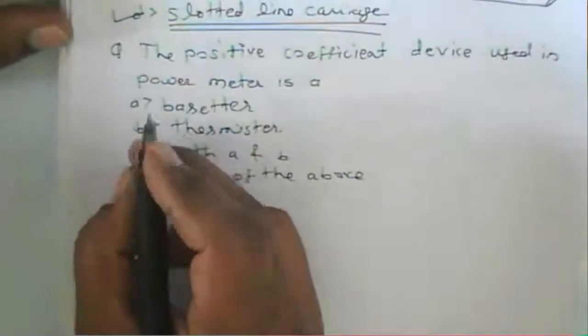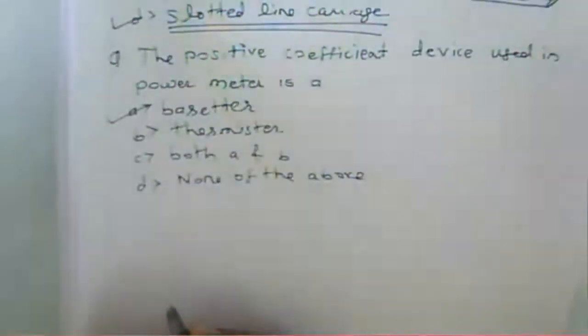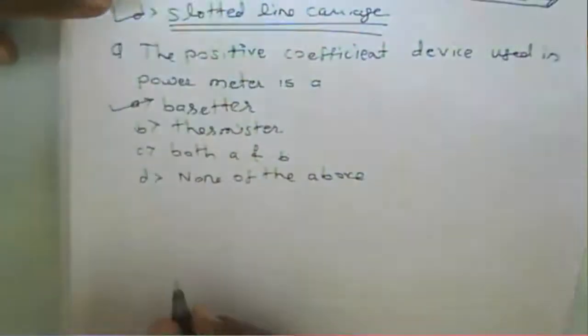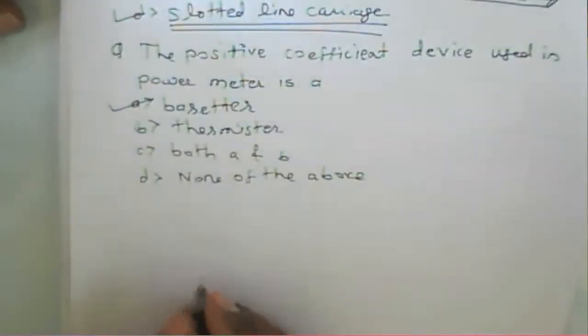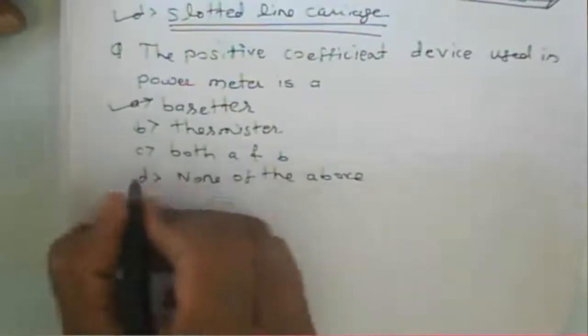It's correct, right? You have said it is correct. That's a barretter. It is a positive coefficient device that is used in a power meter.